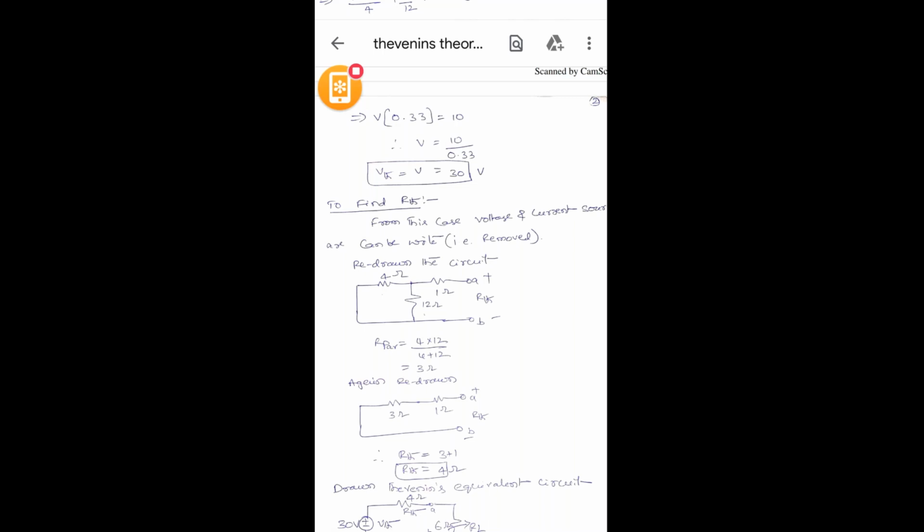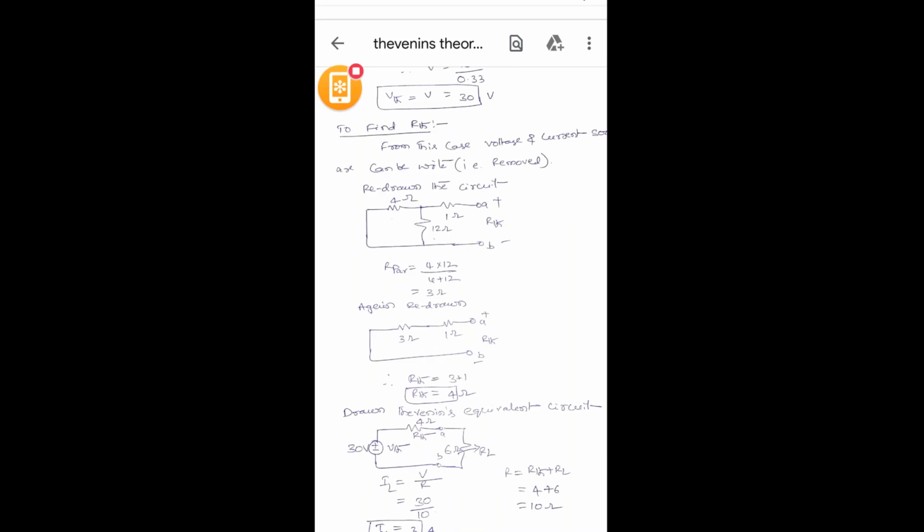Now drawing the Thevenin's equivalent circuit from the theorem, VTH comes in series with RTH, and across the A and B terminals we connect the load resistance, which in the initial conditions is 6 ohms.